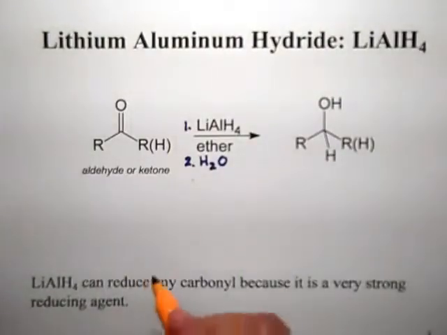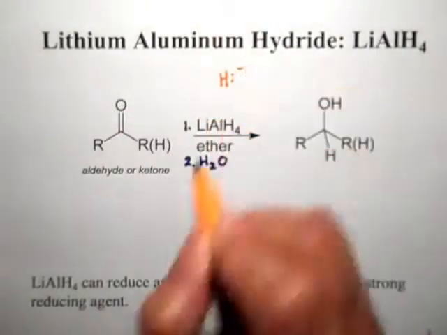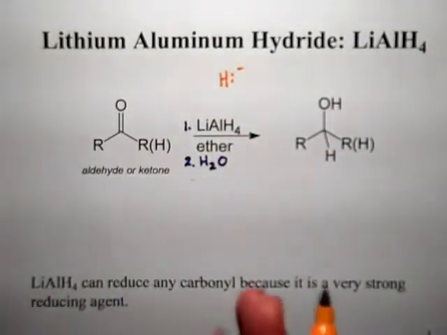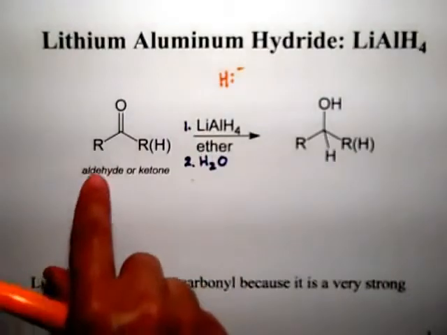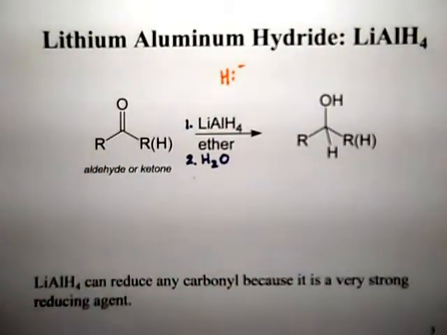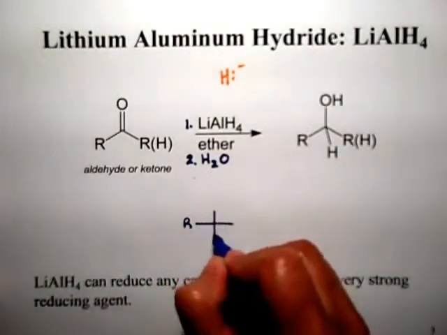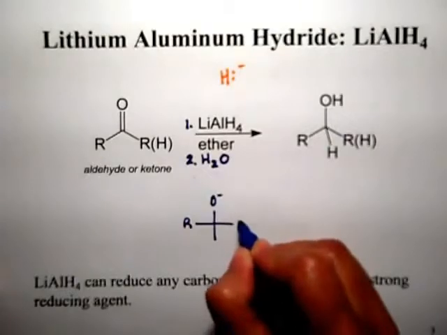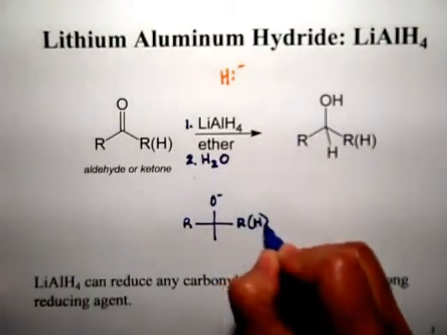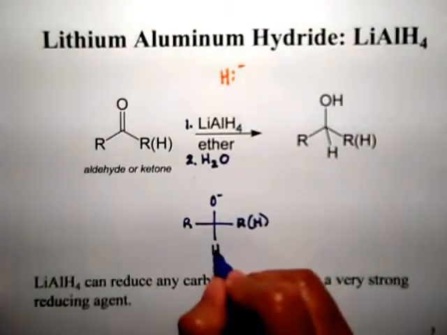So the hydride is going to be a hydrogen that has 2 electrons. And a simplified mechanism, of course, would be a hydride attacking the carbonyl, forming the tetrahedral intermediate. And if you form the tetrahedral intermediate in this particular case, you would have 2 carbons, or maybe a carbon and a hydrogen, and we just added the hydride.